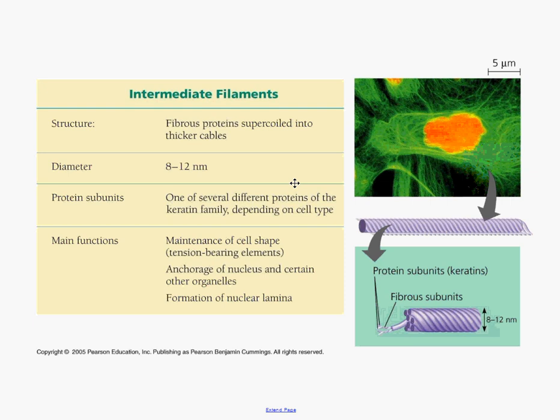Intermediate filaments, more permanent structures, think of like the load-bearing structures in a building, mostly composed of keratin proteins again, which can form things like hair and nails, which we know to be strong. These help to reinforce, brace large molecules inside the cell, or large structures, or even other cytoskeleton elements.